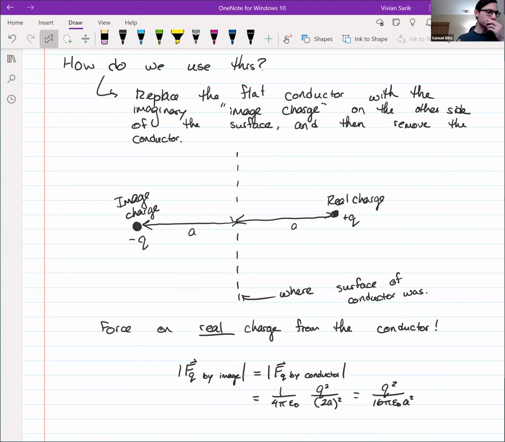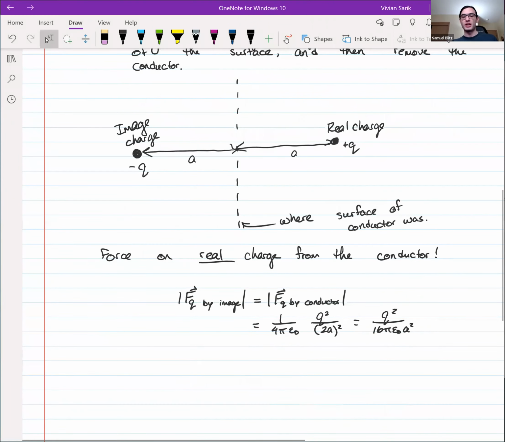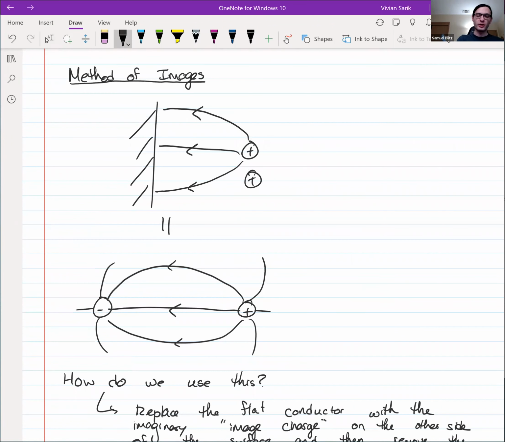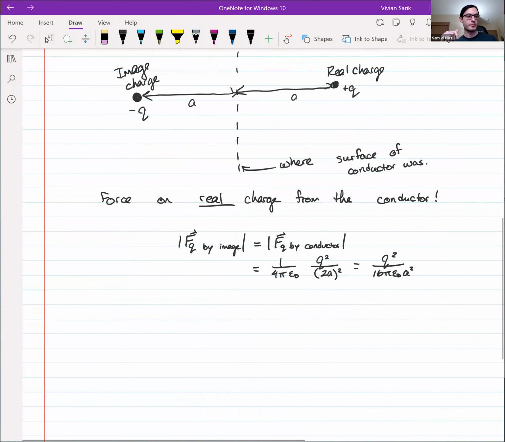So you can also, in principle, apply this method to multiple charges on one side of a conductor by superposition. Instead of just having one charge near a conductor, you can have a whole bunch of charges wherever you want. All you would have to do is introduce a single image charge for every single charge on the real side of the conductor.